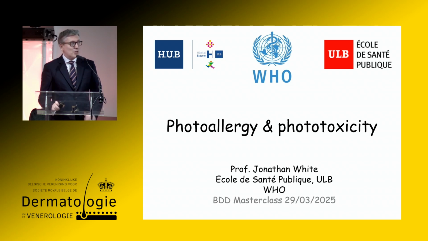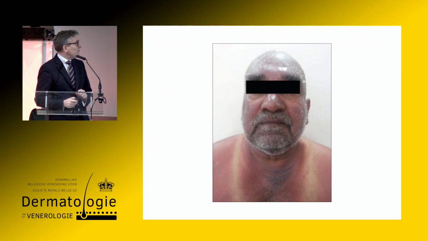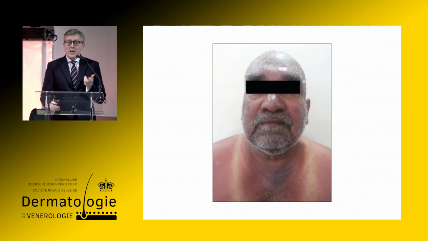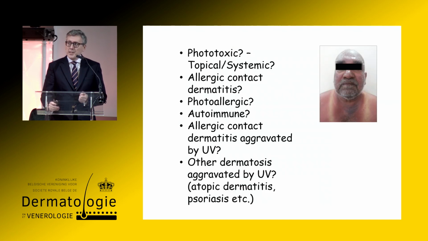But today we're going to talk about phototoxicity and photoallergy. You might very well see a patient like this who comes in to see you, and you have to think, what's going on? What could it be? The problem is that the differential diagnosis is very wide, as we heard in the previous lecture on photodermatoses.